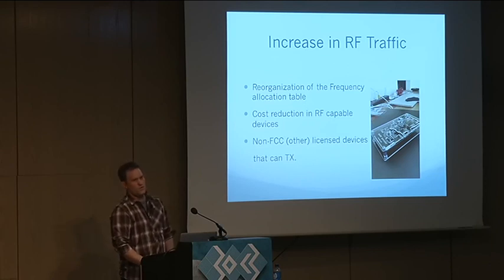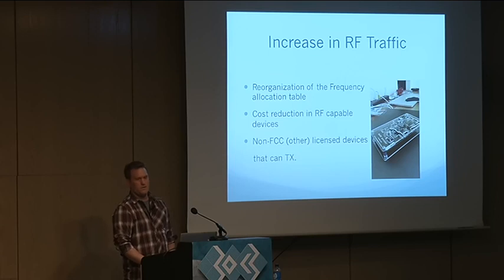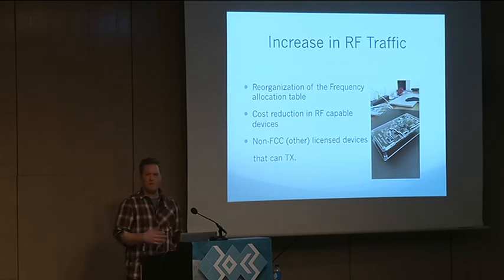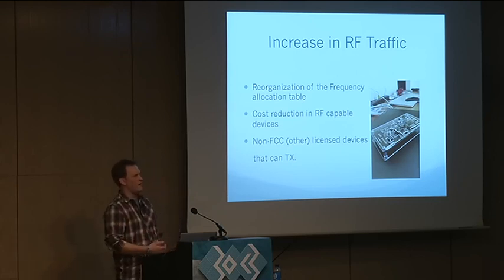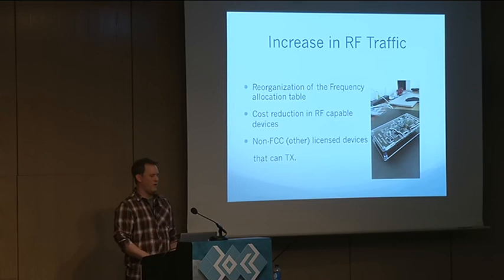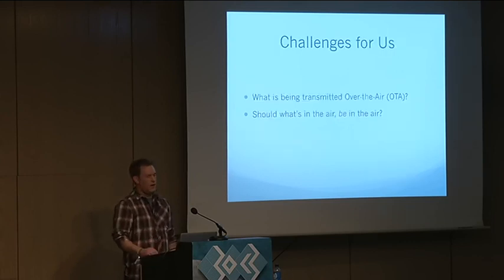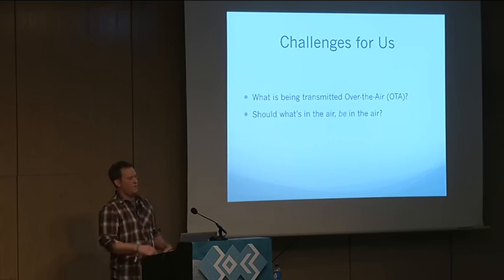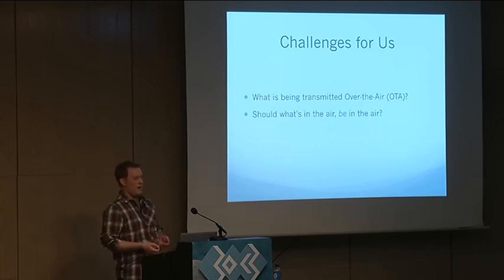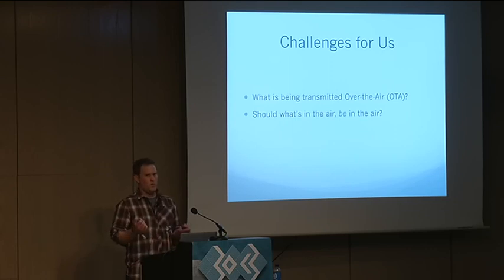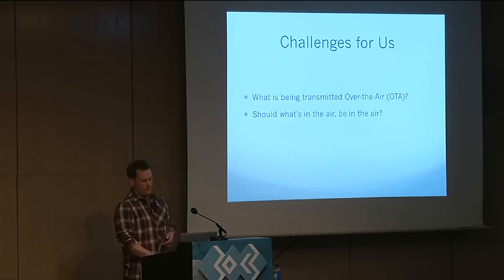Also, the cost of hardware has dropped a ton, so there are a great deal more devices being developed by manufacturers and companies. And there are people like Mike Ossmann and the people that made BladeRF who are making non-regulated devices that can transmit. So it's a challenge for us, in my opinion: we should want to know what is being transmitted over the air. And so should what's in the air also be in the air, if that makes any sense.